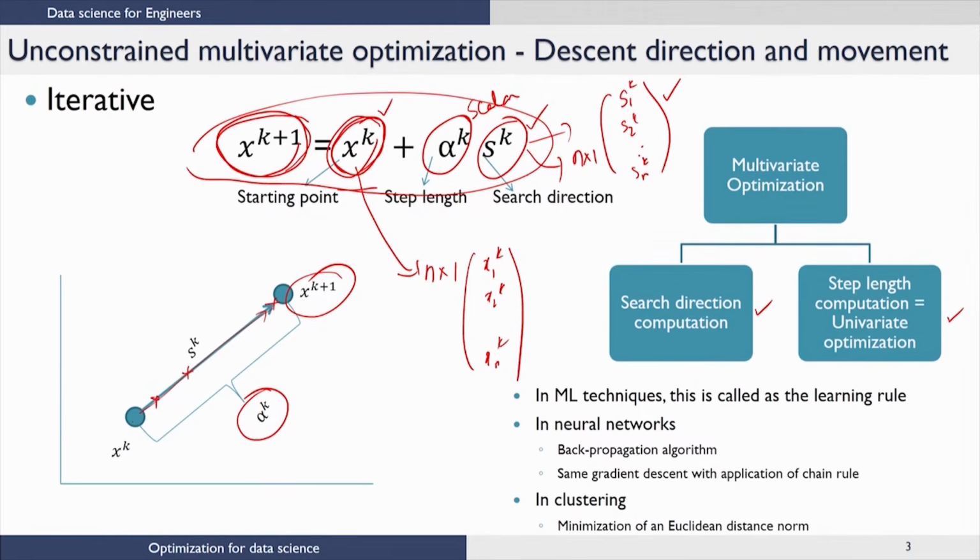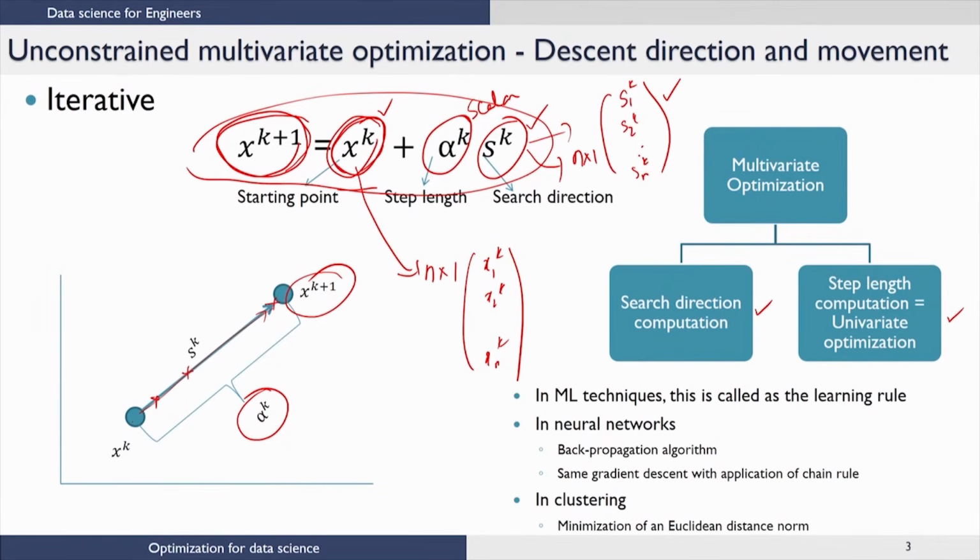And I mentioned to you before that we could think of these machine learning algorithms as being solutions to optimization problems. If you talk about neural networks, one of the well known algorithms is what is called the backpropagation algorithm. It turns out that the backpropagation algorithm is nothing but the same gradient descent algorithm.